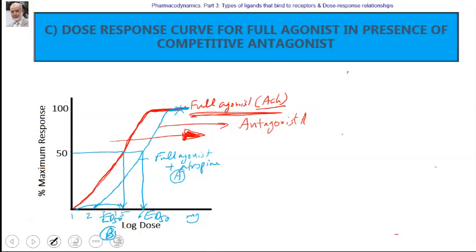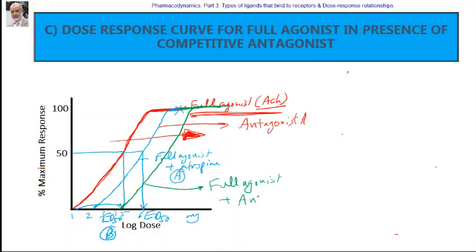I place the antagonist first and then start adding the agonist, increasing its dose. At a certain point, the agonist starts to produce a response and produces a dose response curve like this one. This is the full agonist plus antagonist B.